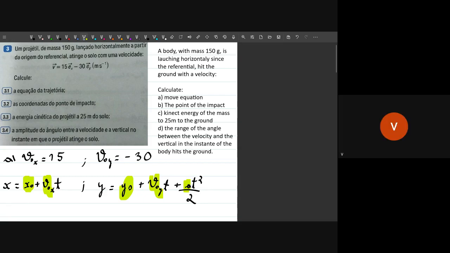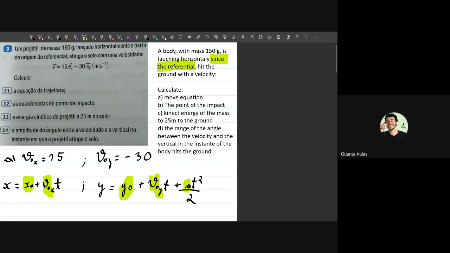Is x0 equal to 15 and v0x also equal to 15? v0x is 15, but x0 is 0 because you need to pay attention to this point of my translation. Since the referential, this movement starts in the referential, right?